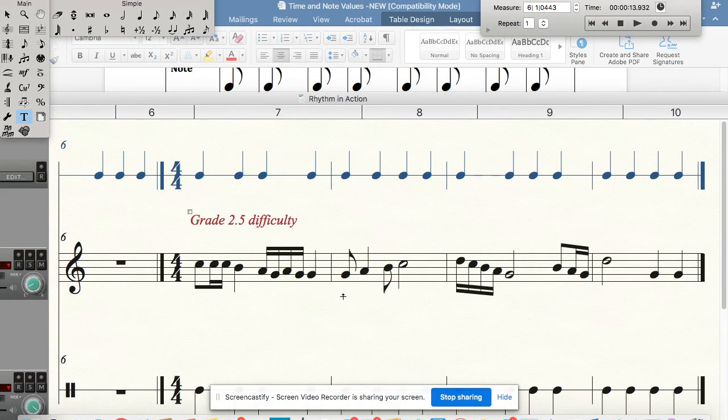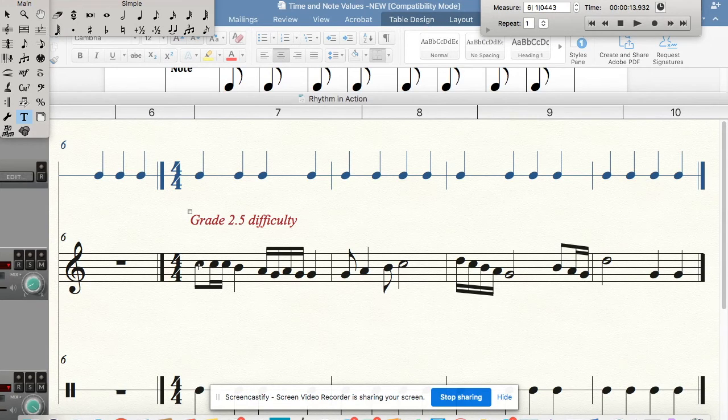All right. For my more advanced students in the advanced band, the intermediate orchestra, and the advanced orchestra, let's take a look at a grade 2.5 difficulty, pushing right up on the edge of grade 3. Do your math. 0.5, 0.25, 0.25, 1, 0.25, 0.25, 0.25, 0.25, 1.